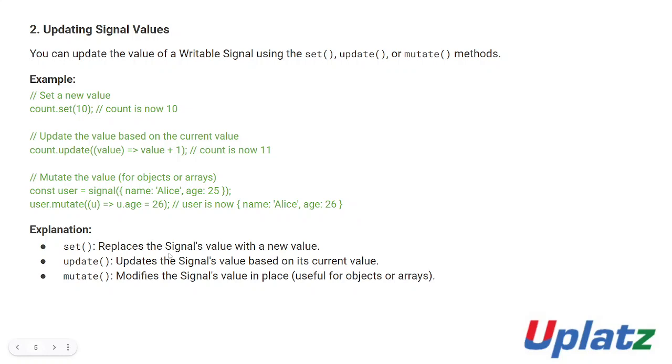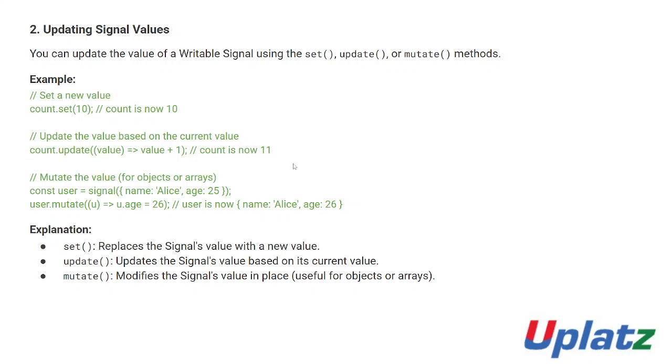Set replaces the signal's value with a new value. Update updates the signal value based on its current value. And mutate modifies the signal's value in place, useful for objects or arrays.